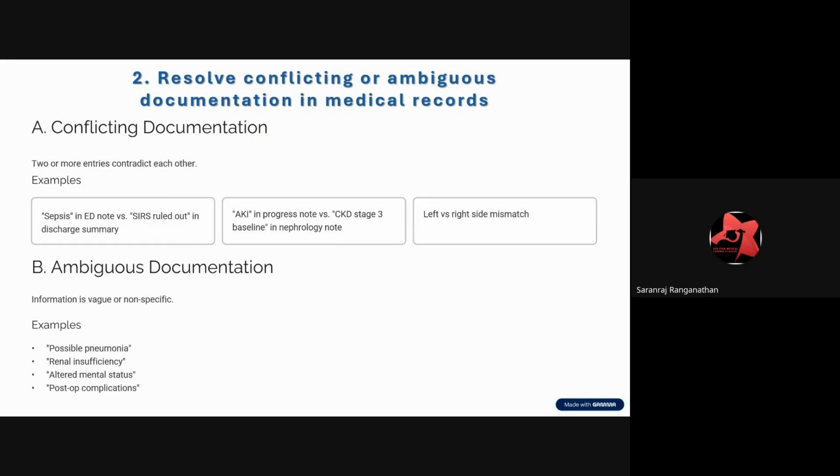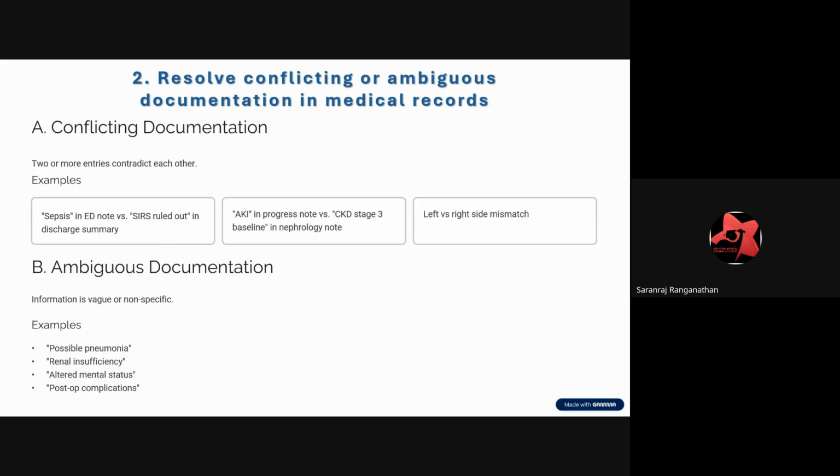If you see, both are going to be almost similar. But when the patient is admitted, he was addressed as a sepsis person, but when he is getting discharged, they're telling ruled out. Ruled out means the diagnosis is finalized as SIRS.